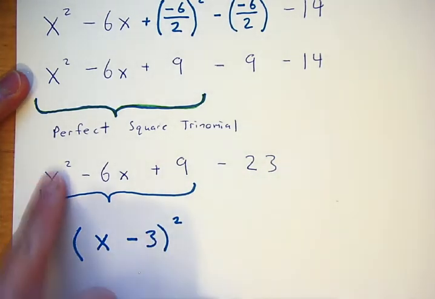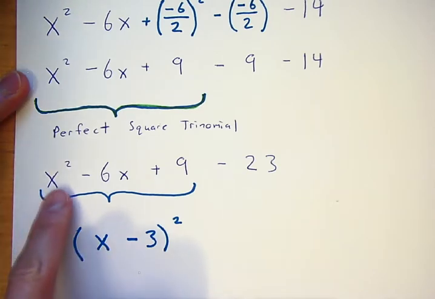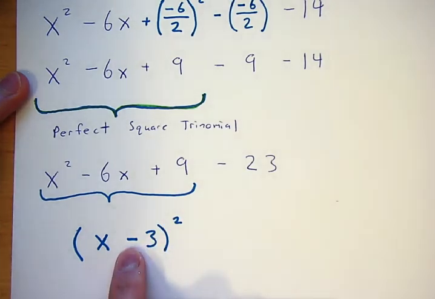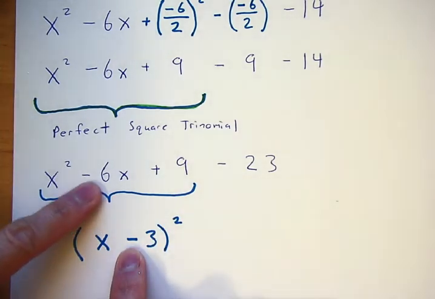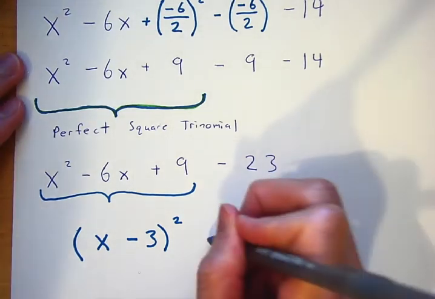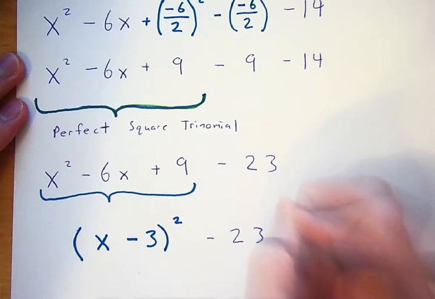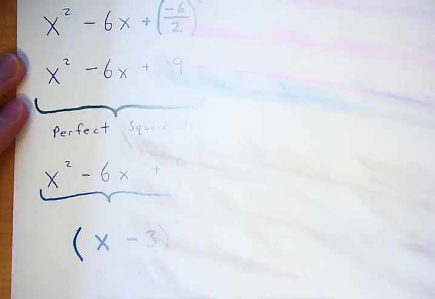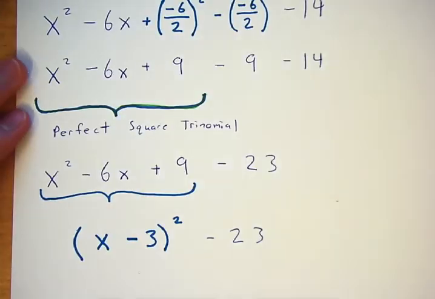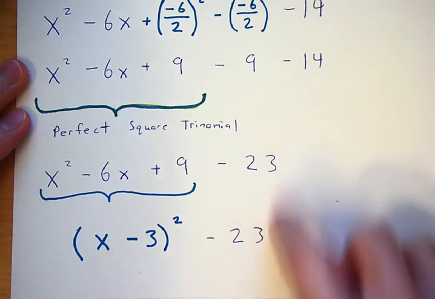If you want to go from here to here, one way of doing it is the square root of x squared is x, and the square root of 9 is 3. This minus sign here is because this is a minus sign here. All right, so now we have that minus 23. So I've now changed it into parentheses squared minus something. So that's our step 2, going from here to here.